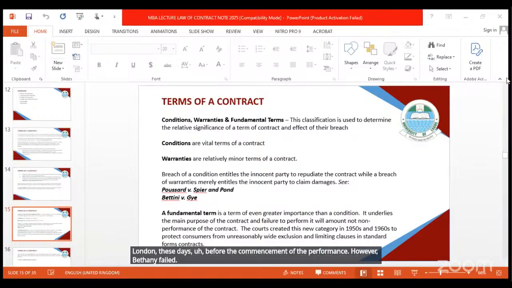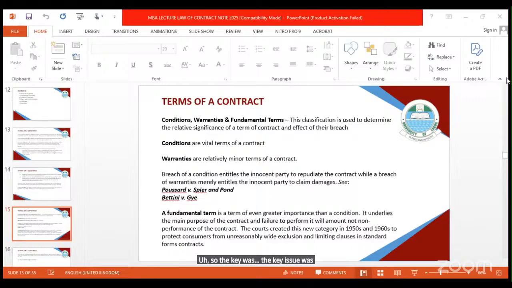So the key issue was whether Bettini's failure to arrive for the rehearsal was a breach of condition or warranty, that is, whether Guy would be entitled to terminate the contract or not.